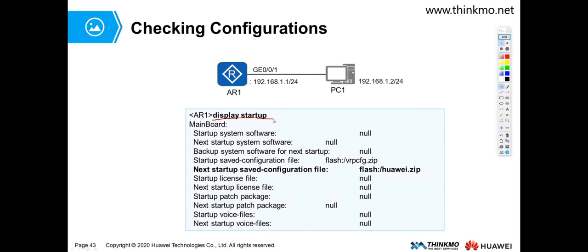At this time it will show you the system software for the next startup as well as the backup system file for the next startup, and, as we mentioned here, what the saved configuration file for startup is. It will tell you what the saved configuration file for the next startup is, and you can use this to check whether the configuration was successful.